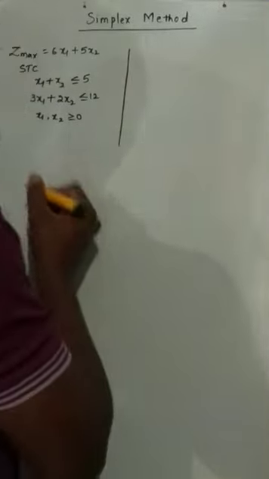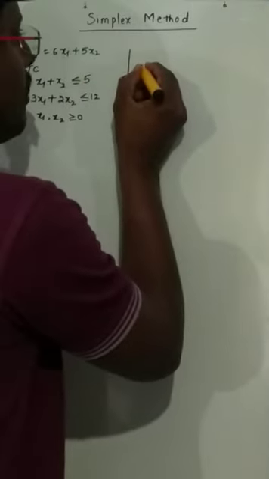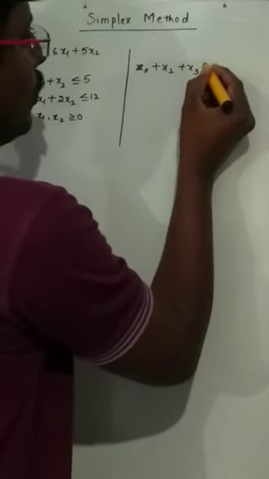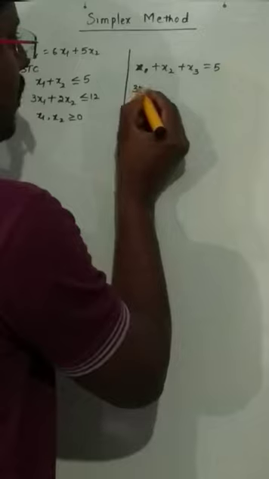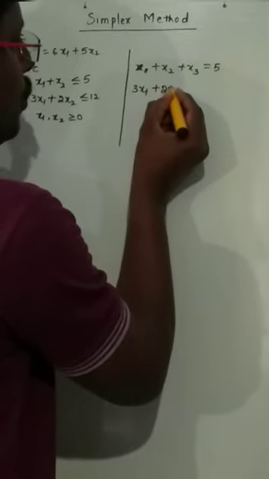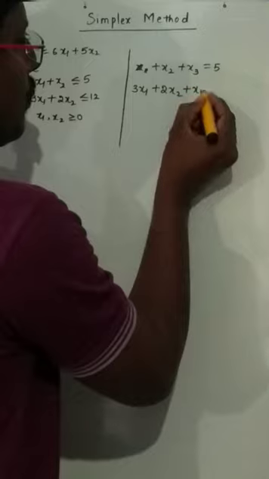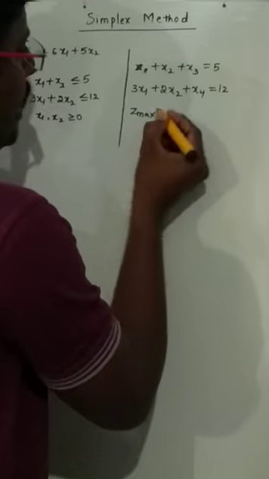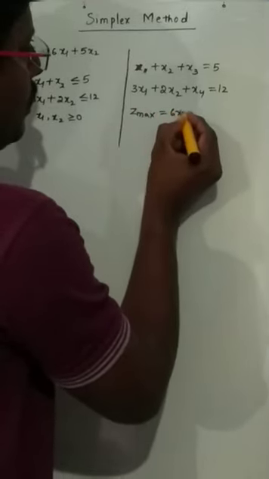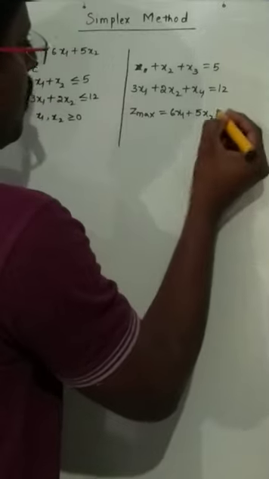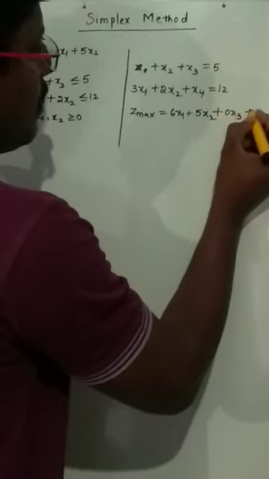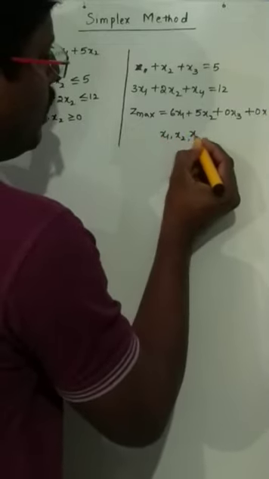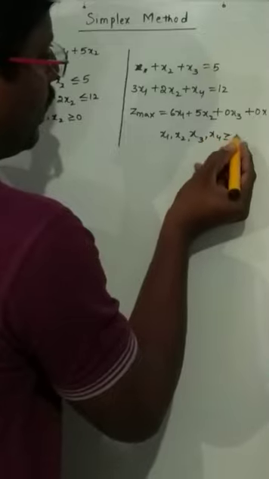In the first step I'll convert these inequalities into equations. x1 plus x2 plus x3 equal to 5, and the second one is 3x1 plus 2x2 plus x4 equal to 12, and I'll write the Z max: Z max equal to 6x1 plus 5x2 plus 0x3 plus 0x4, and finally x1, x2, x3, x4 greater than or equal to 0.